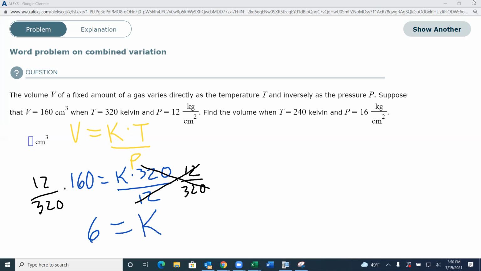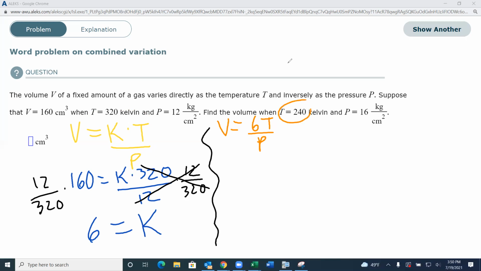Cool, so that tells me that my formula is going to be V equals 6 times T over P. So I just took my formula and plugged in the K.